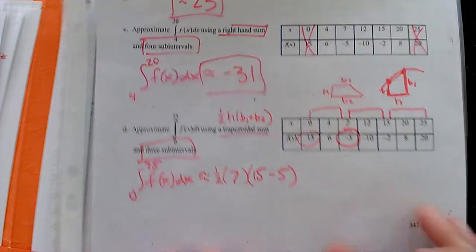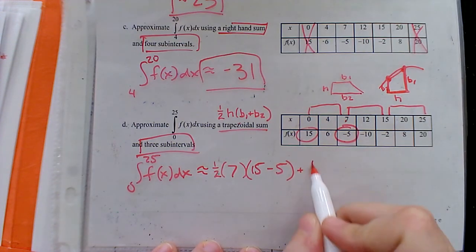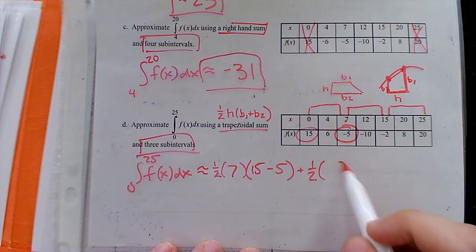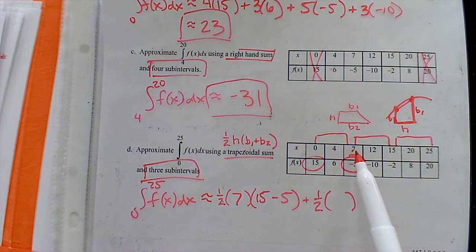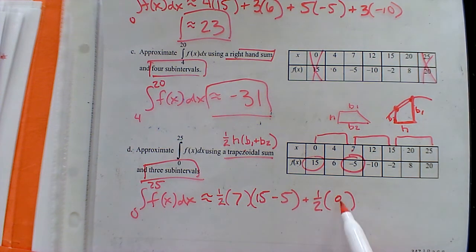We're going to repeat the process for the other two. We need 1/2 times the height, but the height's on the x-axis. We're going from 7 to 15, so that's a distance of 8. And then we need the bases, meaning the heights of the endpoints.